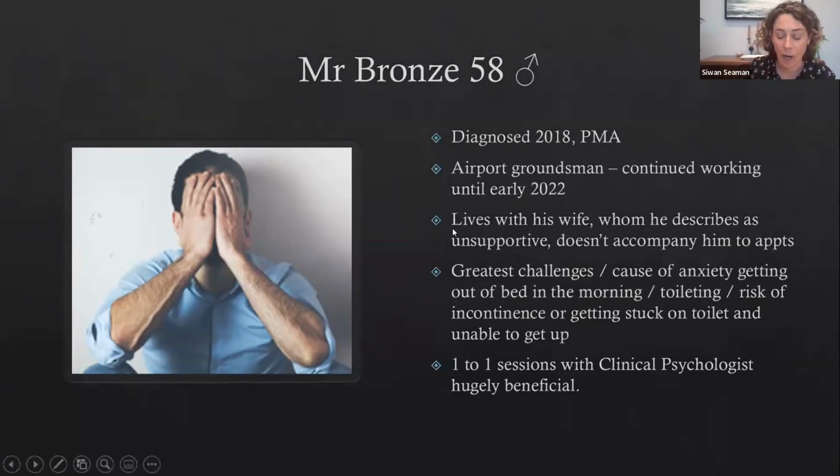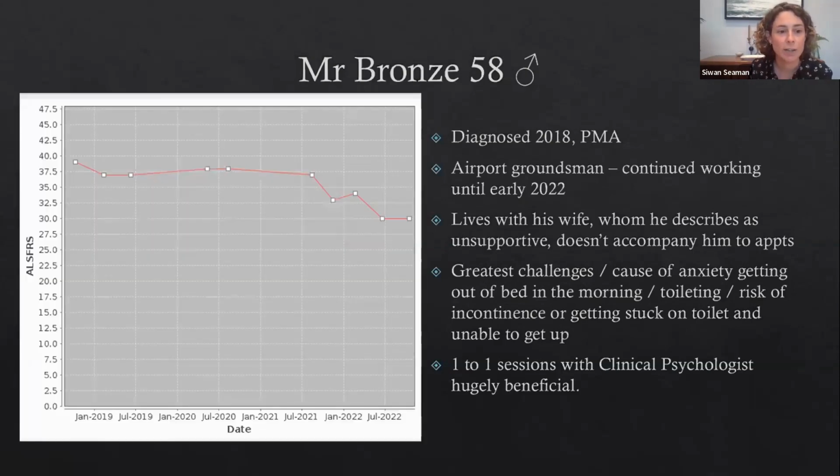And our clinical psychologist spent quite a bit of time with him, and her input was really, really hugely beneficial to him. I've just quickly got a screenshot here. Our database allows us to record ALS FRS, the functional rating scale validated for use in MND, at each clinic appointment.